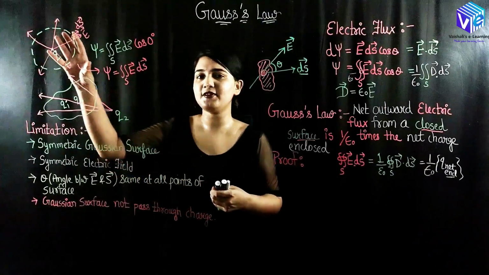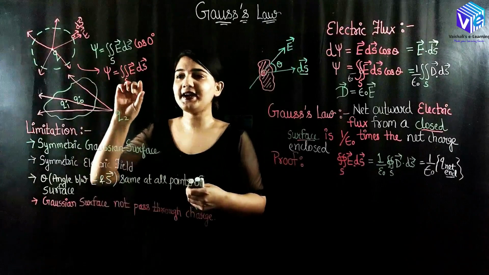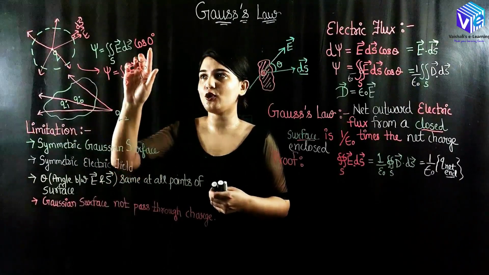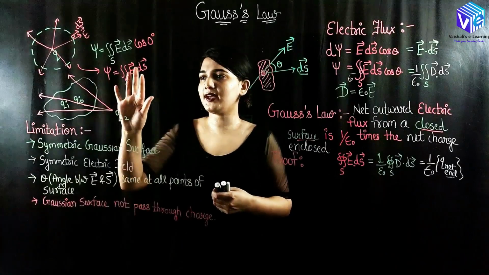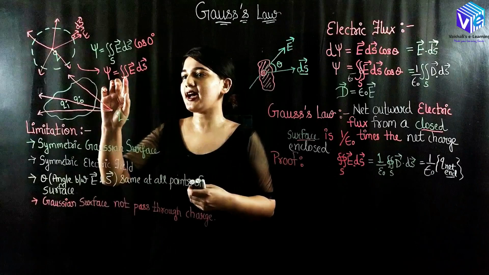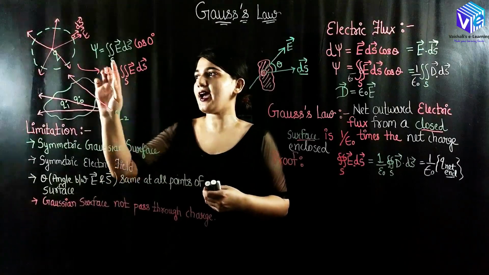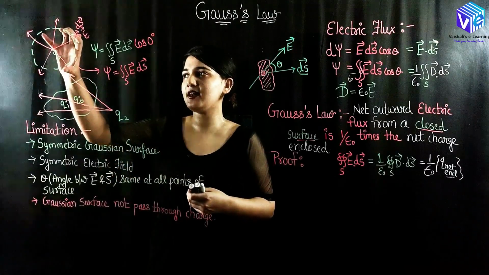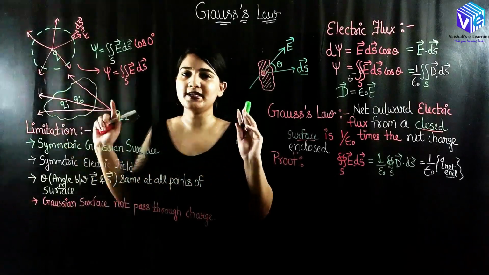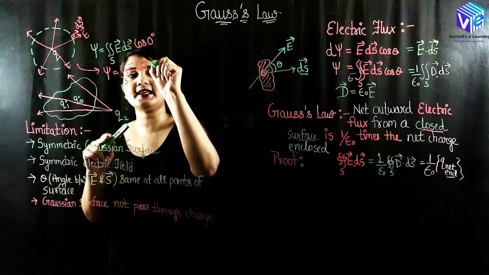Here you can see we have the spherical surface, and I told you psi can be found as the integral of E dS. Cos of 0 was 1, so we can directly put E dS. Now what is psi here? If I have a spherical ball, E is constant, since the charge is not changing, so I can take E outside.